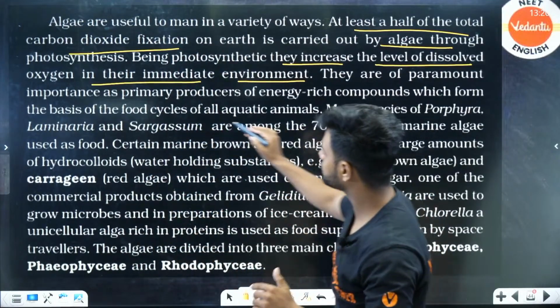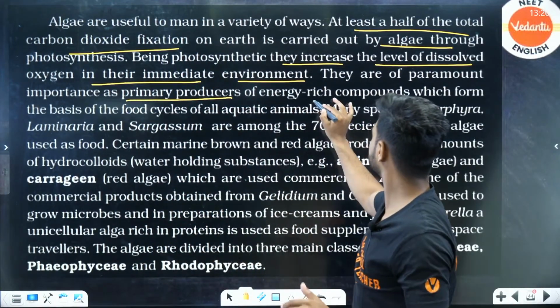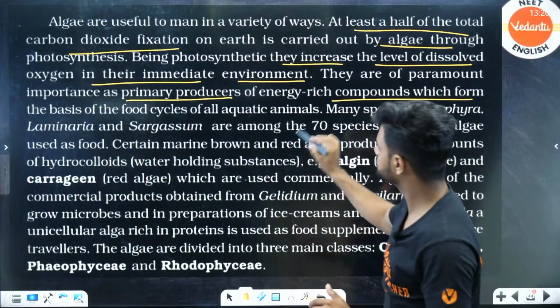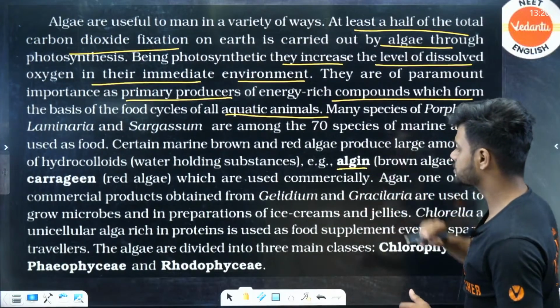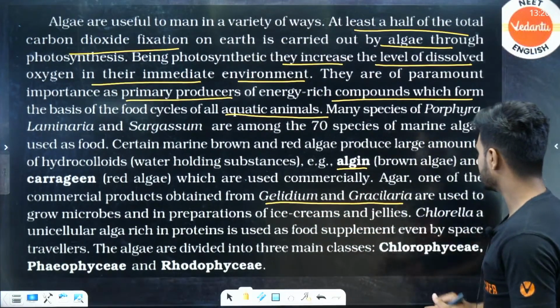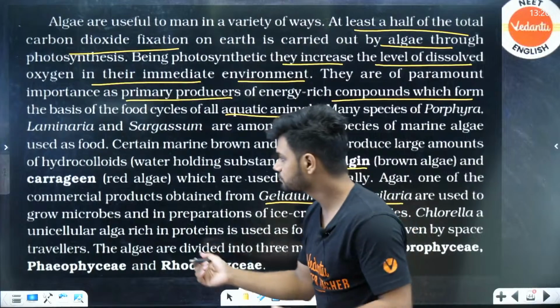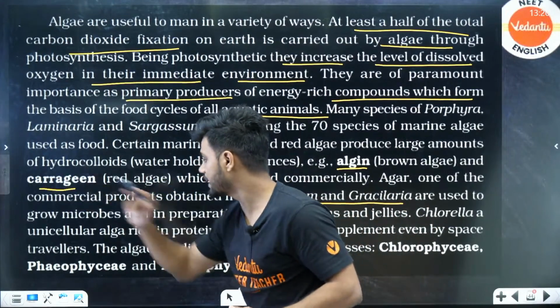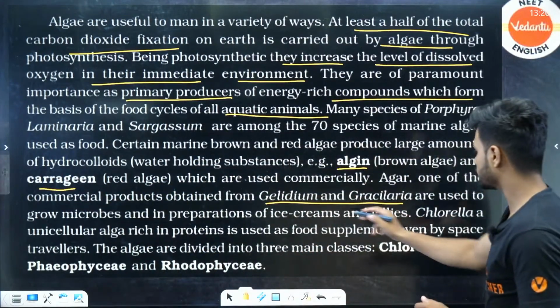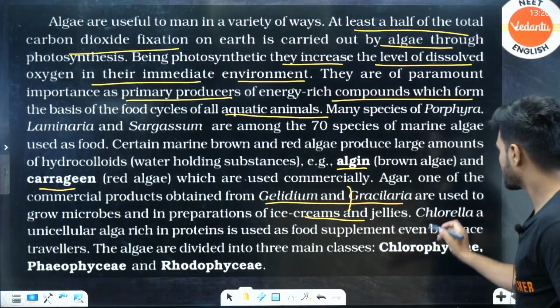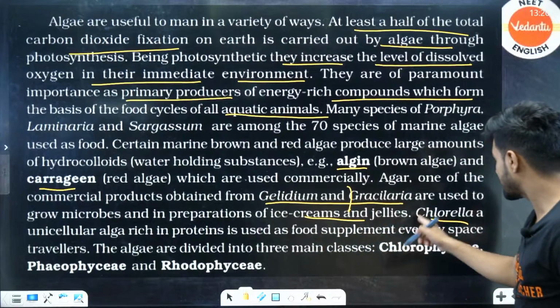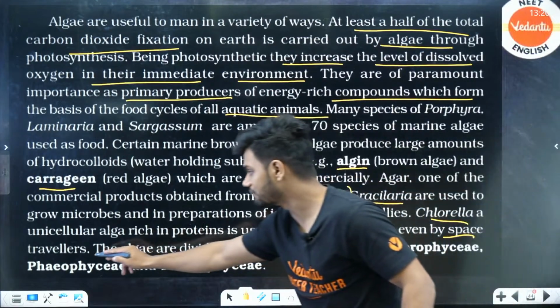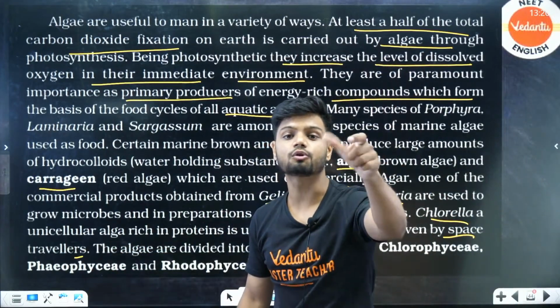Then we also learnt about primary producers in the aquatic ecosystem. Then algin, and gelidium and gracilaria, which produce jelly. Then carrageen in the case of red algae. Then ice cream jellies, that is gelidium again. Chlorella, unicellular protein used as a food supplement, even by space travelers. I told you, space food, which is chlorella.